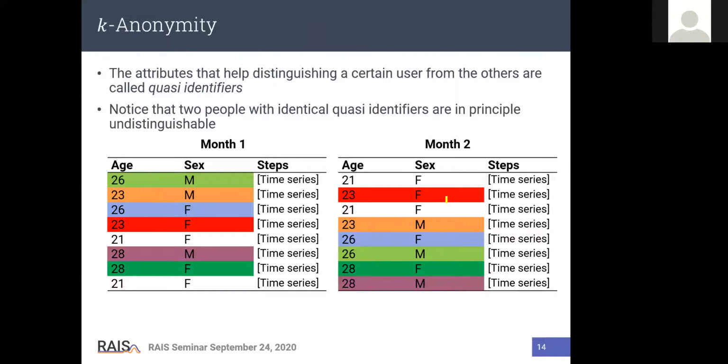And so these attributes that help distinguish a certain user from the others are called quasi-identifiers. And if we manage to have records where there are multiple people for each instance of quasi-identifiers, these people are basically indistinguishable, and so we can consider them also anonymous.